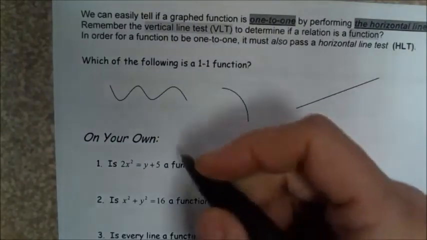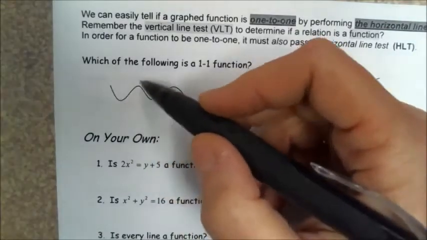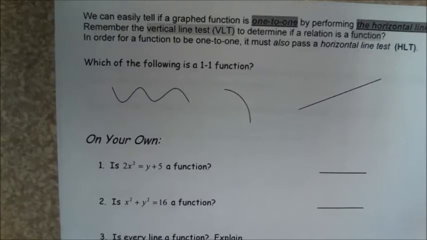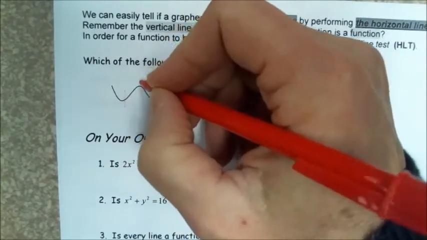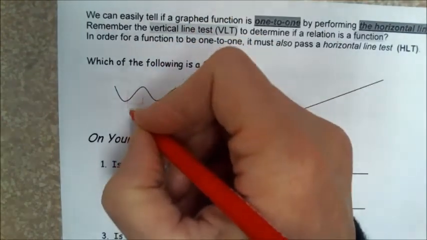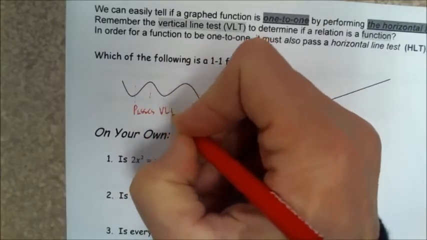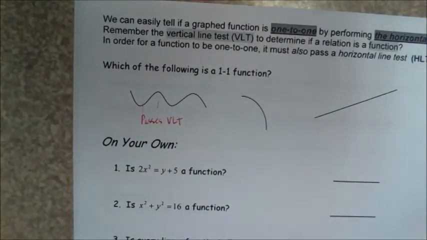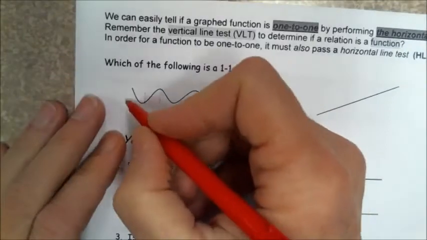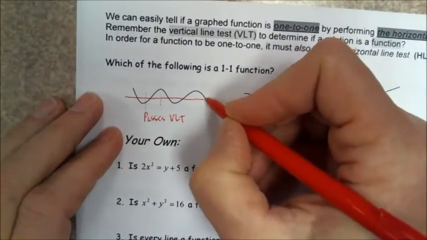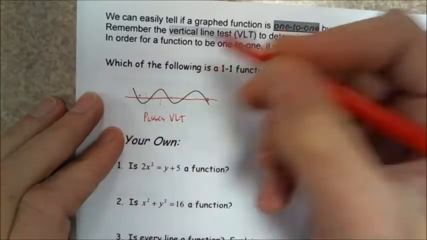So this question says, which is a one-to-one function? Well, here's a curvy function. If you perform a vertical line test on it, you can see that a vertical line would only pass through this graph once. So this is a function, yes, because it passes the VLT. But when we draw a horizontal line through this, look how many times it passes through the graph: 1, 2, 3, 4, 5 times.